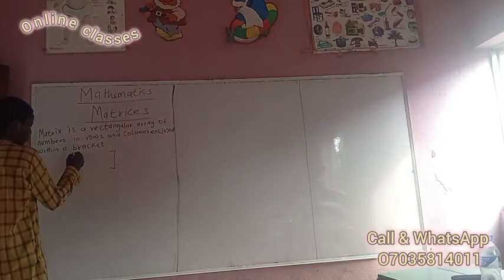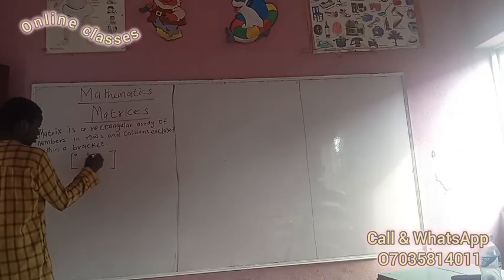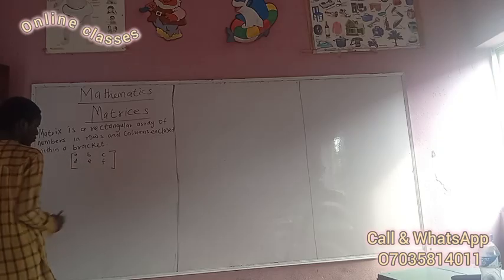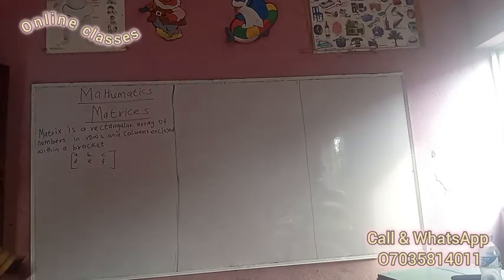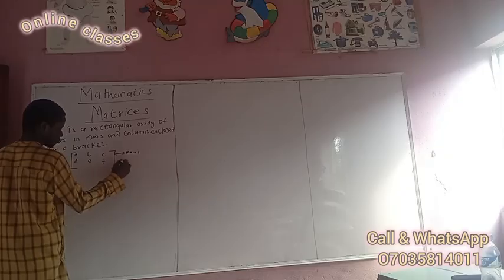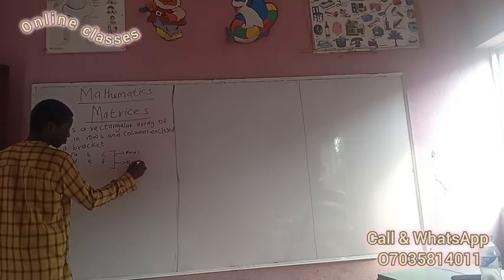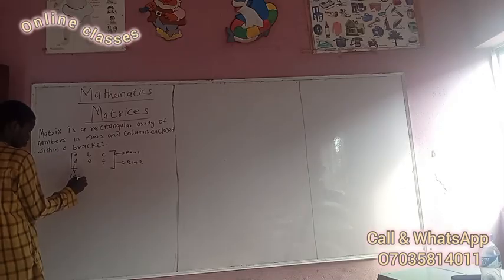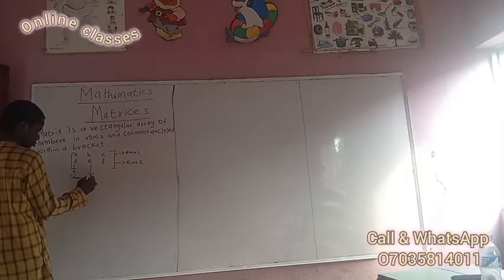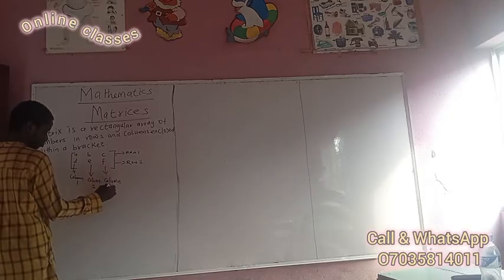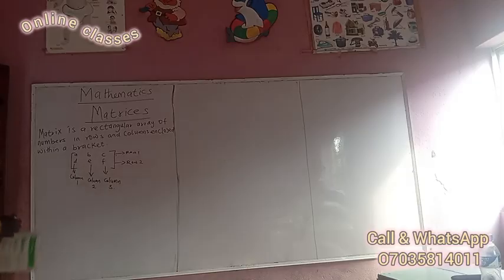And then I have A, B, C, D, E, F. Now this is row 1. This is row 2. This is column 1. This is column 2. This is column 3.